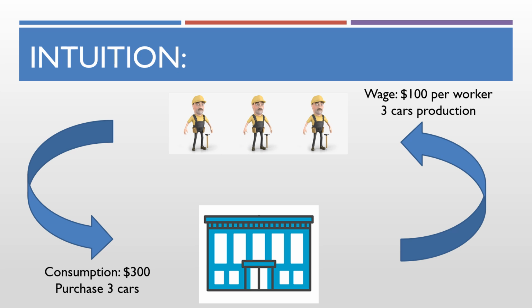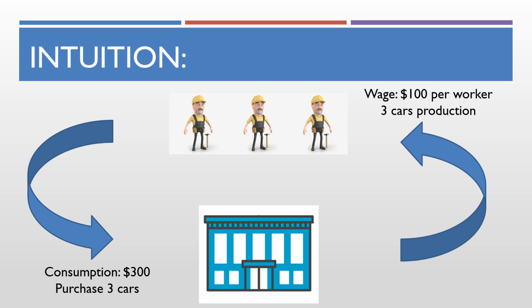So when the workers work for the firms, they are making, let's say, $300 worth of cars. Each car costs $100, and there are three cars to purchase, so the total value of the cars in the economy adds up to $300.